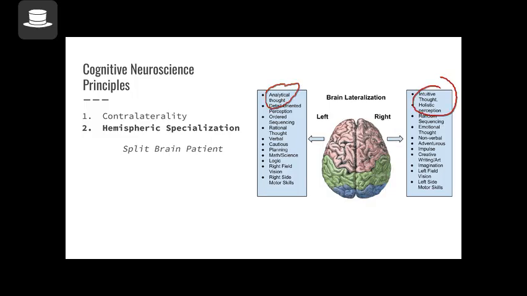The idea is that one hemisphere is more involved in some mental processes than the other. It doesn't mean that the other hemisphere is not involved in a given function. It's just that one specific hemisphere is more involved than the other. That's what hemispheric specialization means.